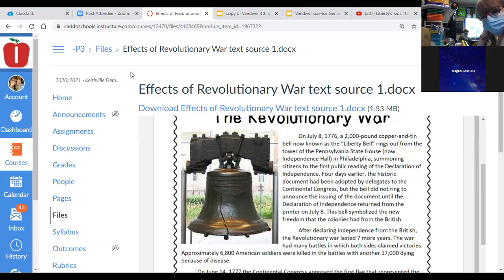Four days later, the historic document had been adopted by delegates to the Continental Congress, but the bell did not ring to announce the issuing of the document until the Declaration of Independence returned from the printer on July 8. The bell symbolized the new freedom that the colonies had from the British.